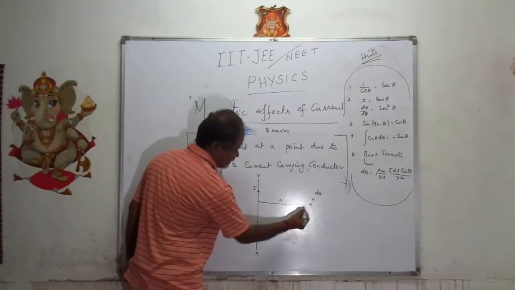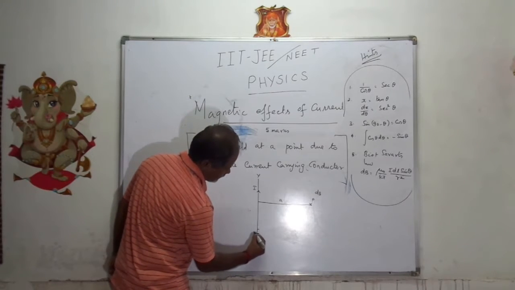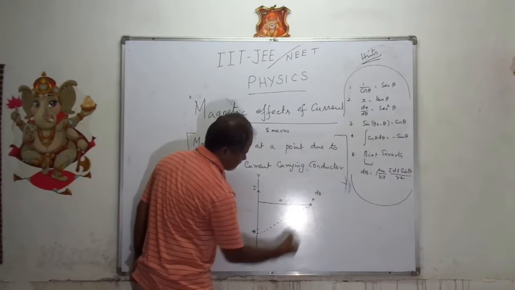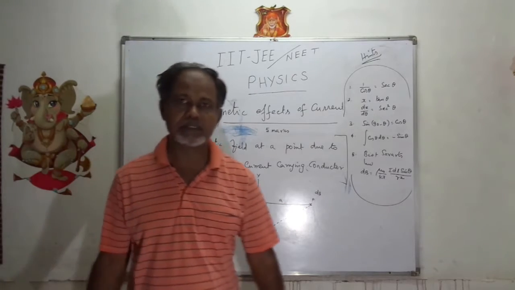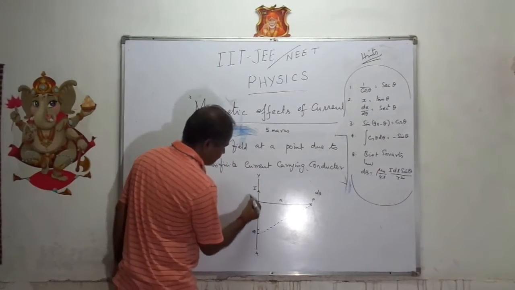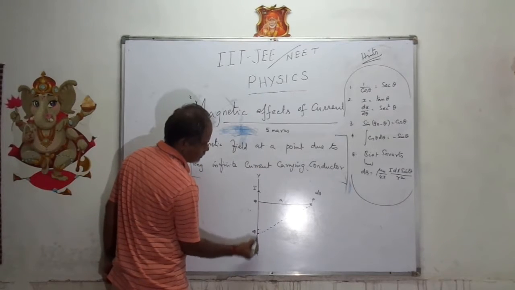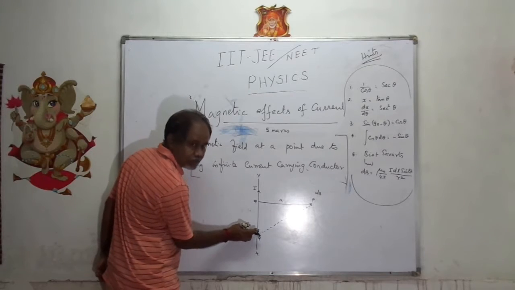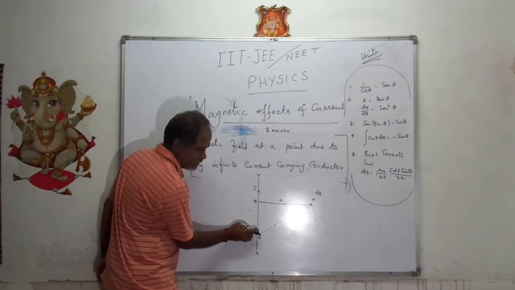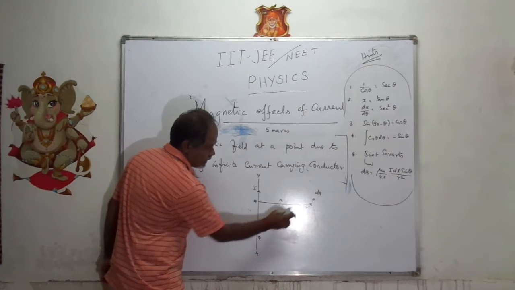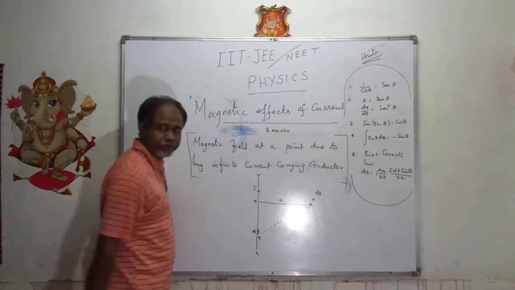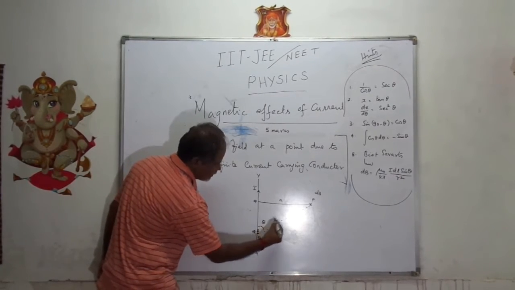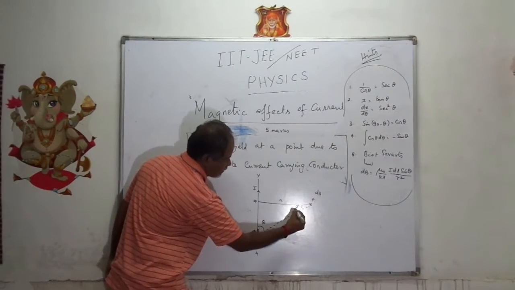For that I am selecting a small segment dl, let it be QO. This small segment of length dl produces a magnetic field at P, which is dB. It makes an angle theta, and this angle, let it be phi.